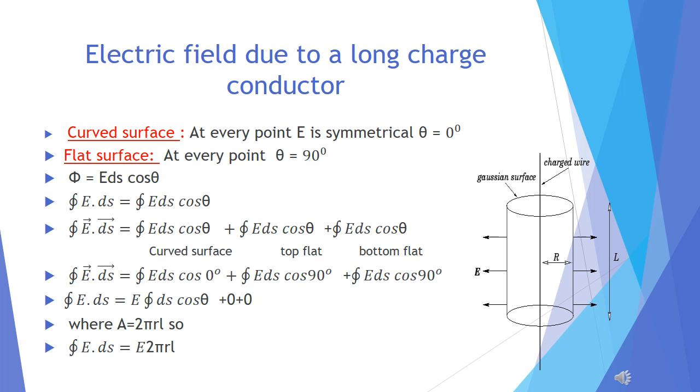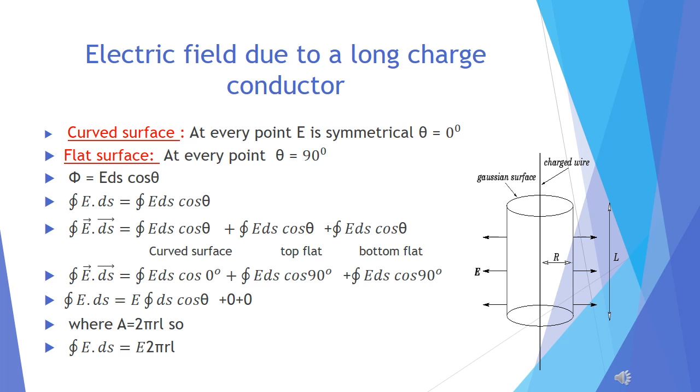And we know that cos 90 is 0, so the closed integrals for the top and bottom flat surfaces are 0. We are left only with the curved surface, and the electric field intensity is constant everywhere, so we can take E out of the integral, and we have E integral ds over the curved surface.